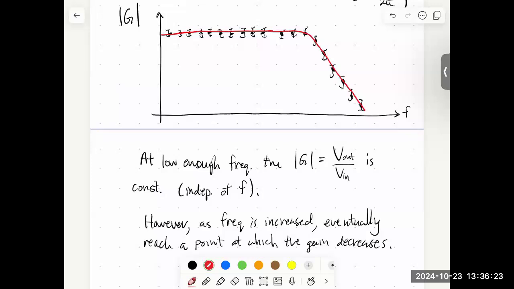Now, I've been a bit misleading here. I've drawn this as if I'm plotting the gain versus frequency exactly like that. But the plot will look this way if you plot the log of the gain as a function of the log of the frequency. And so that is the plot that you're going to construct in tomorrow's lab. All right, there's one special frequency here that we want to pay attention to.